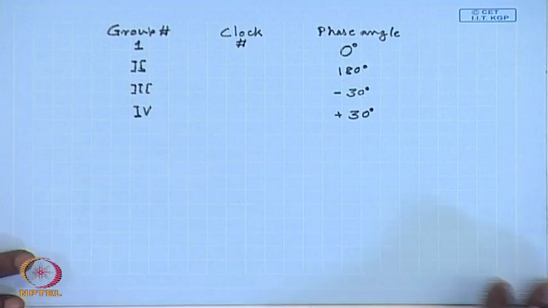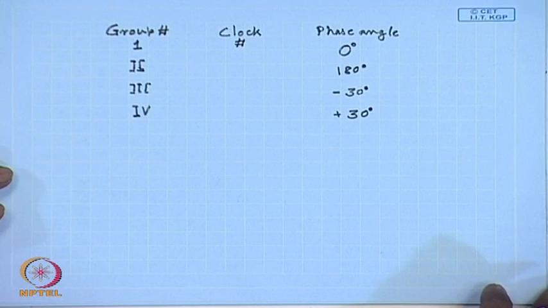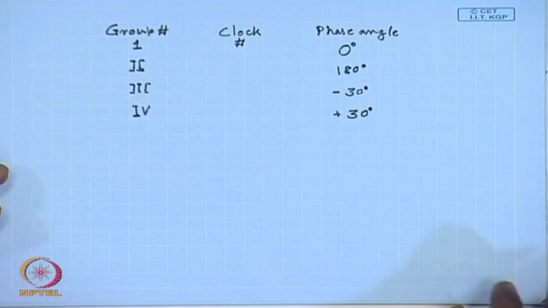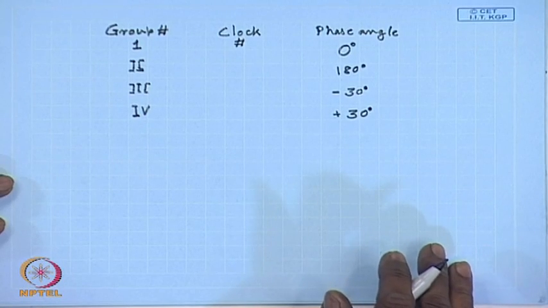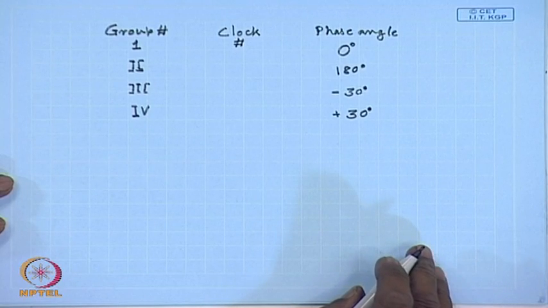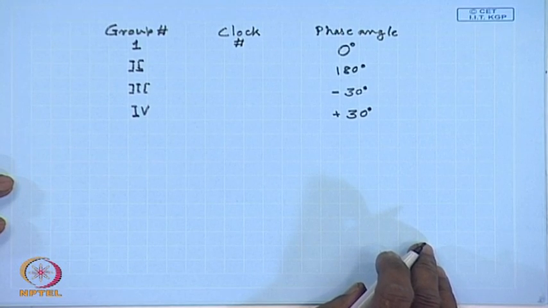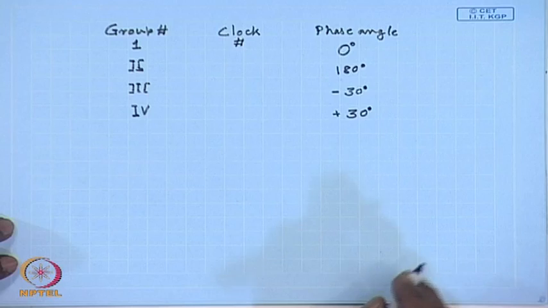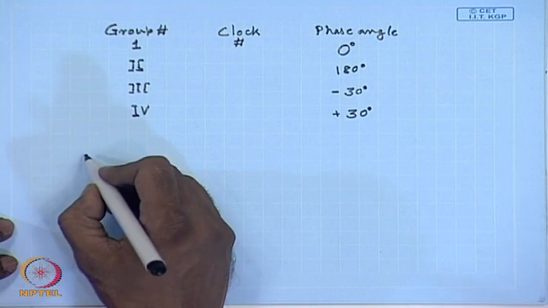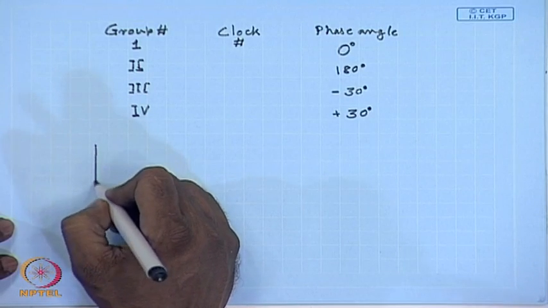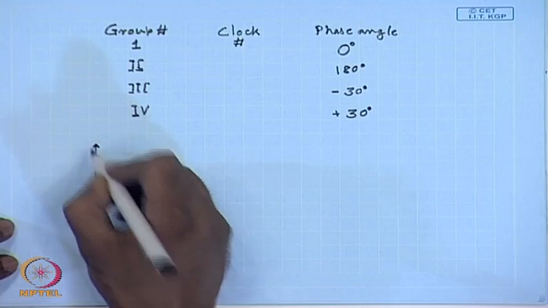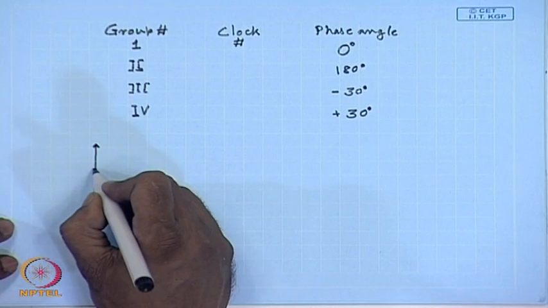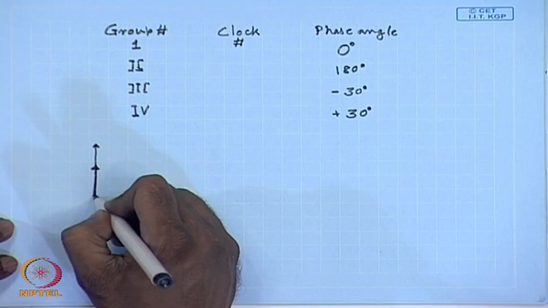For example, if we take the analogy of a clock and say that the minute hand represents the line to neutral phasor of the high voltage side and the hour hand, which is smaller, represents the line to neutral phasor of the low voltage side, then for 0 degree phase angle, this is the high voltage line to neutral phasor and this is the low voltage phasor.